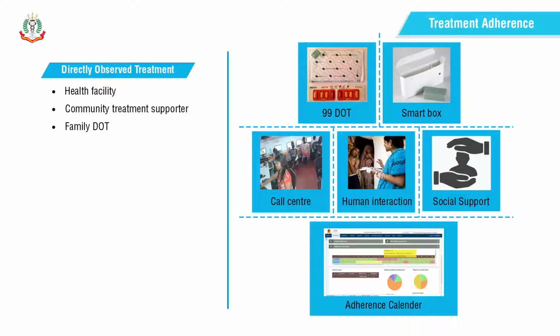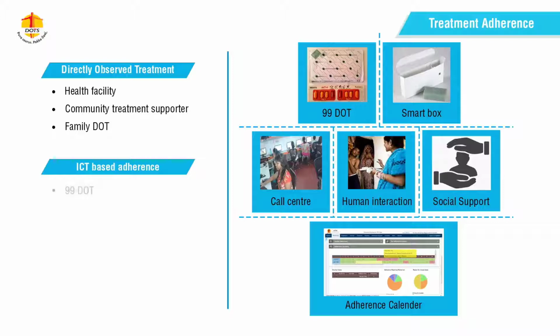Apart from that, to support and supplement the treatment adherence monitoring, information communication technology based adherence models and systems have been tried, tested, and are being scaled up in the country.